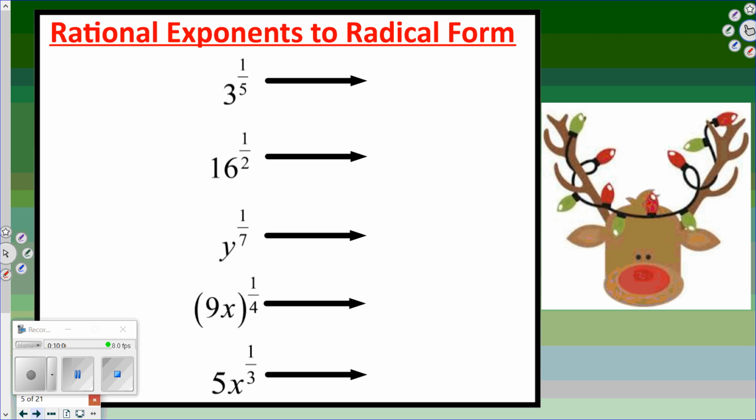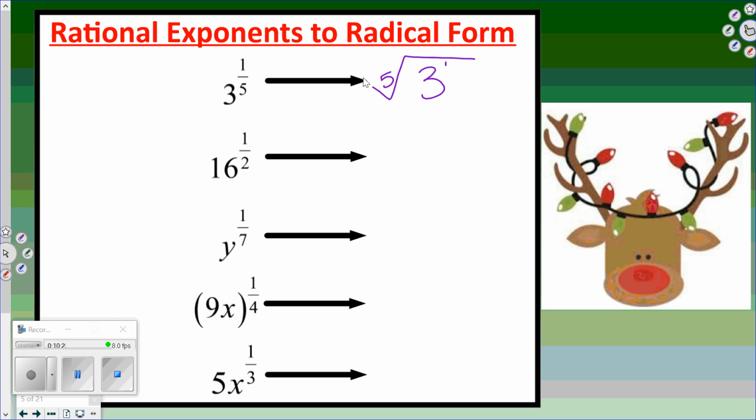All right, next part. Can you work it backwards? I'm telling you, today is not that hard. That 5 would be over there. Over where? In the index? Yeah, that's the 5th root of 3 to the 1st, or the 5th root of 3.